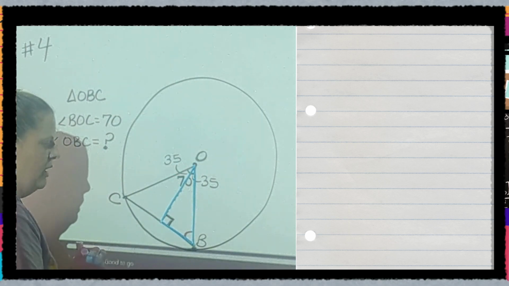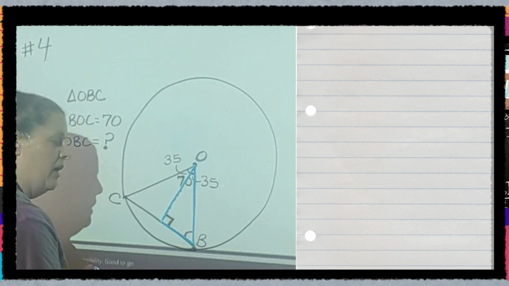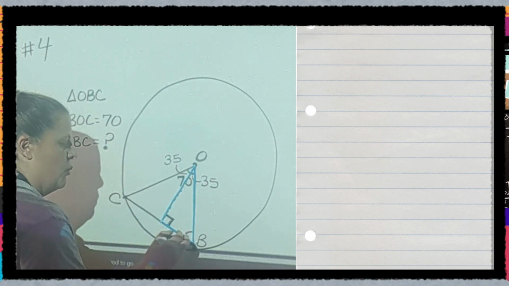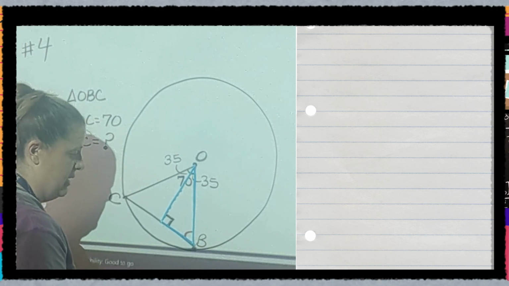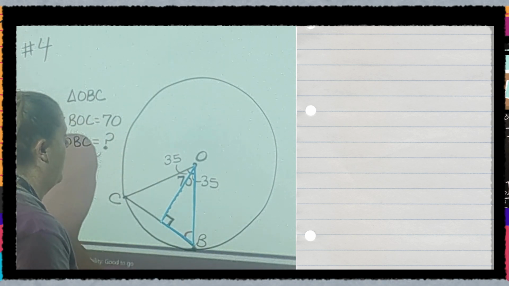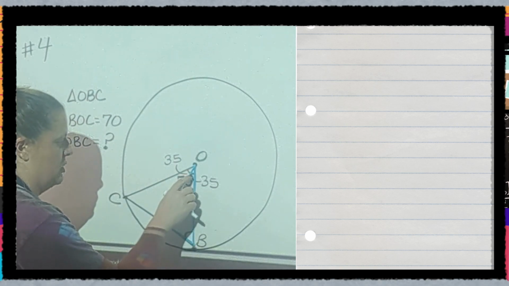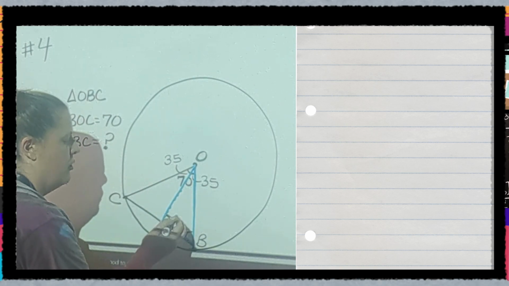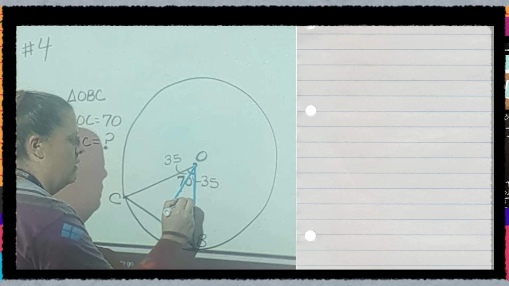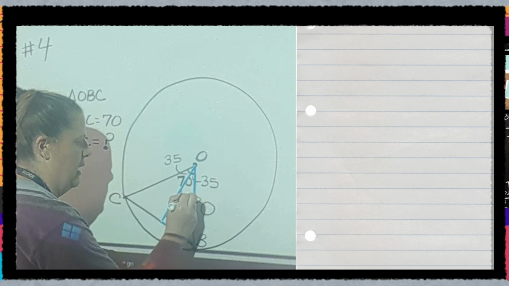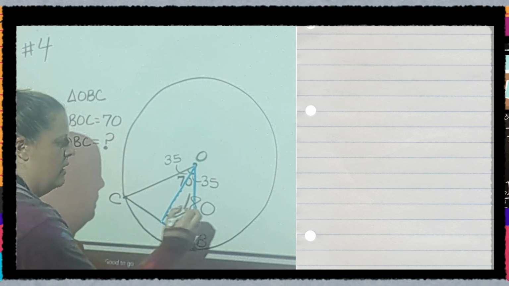It has a 90-degree angle. It has a 35-degree angle. We should be able to find our last angle fairly quickly on that, right? If this is 35 and that's 90, the whole thing should be 180, okay?